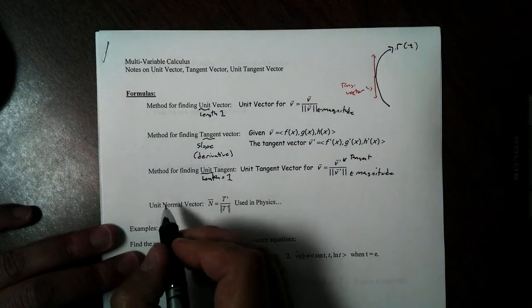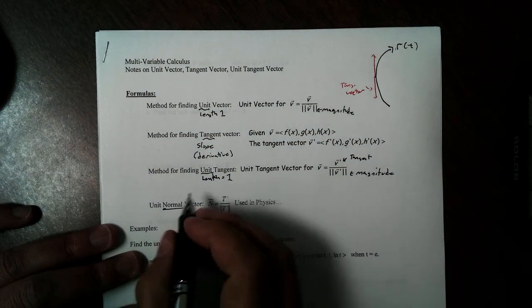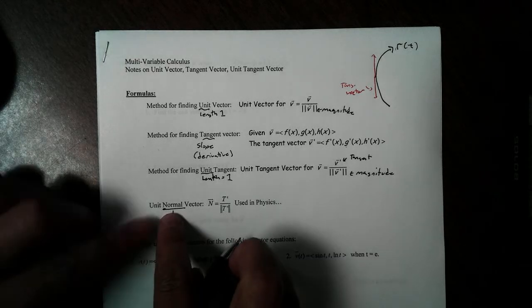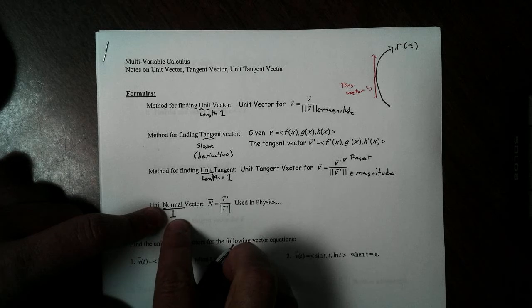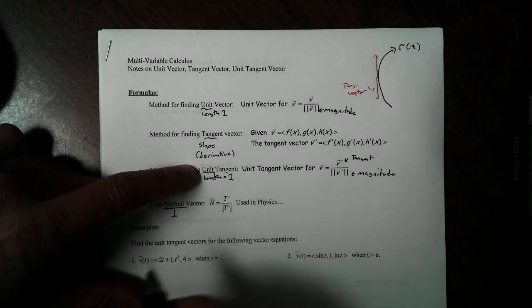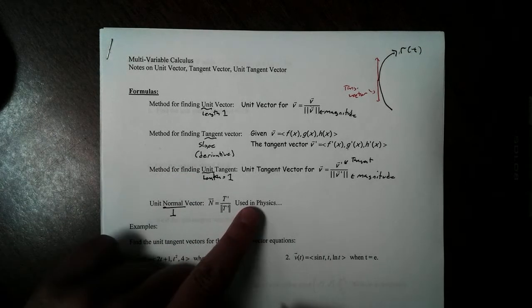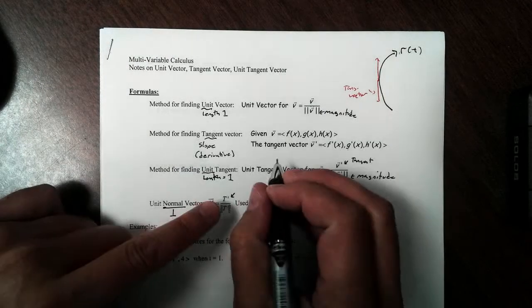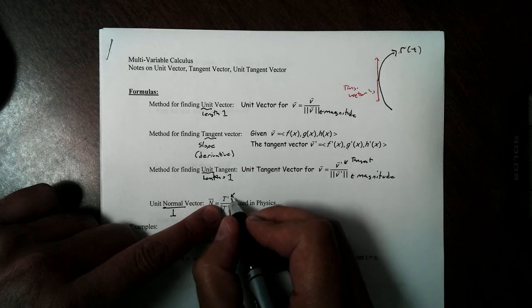Next we have what's called the unit normal vector. Now we might remember normal means perpendicular. So what's going to happen here is we're going to find a vector normal to our unit vector. We use this a lot in physics, and here's what it's saying to do. It says take the derivative of our tangent vector.